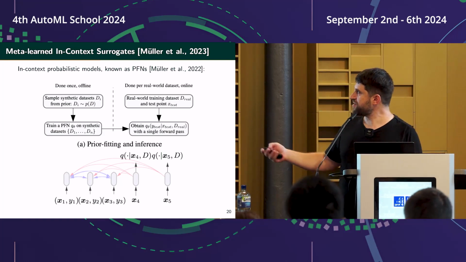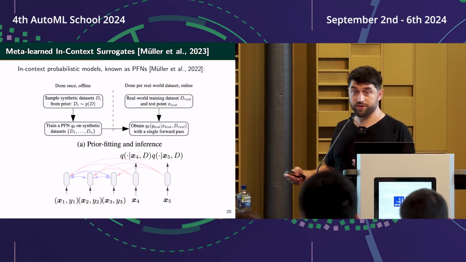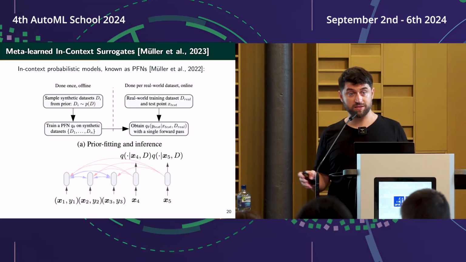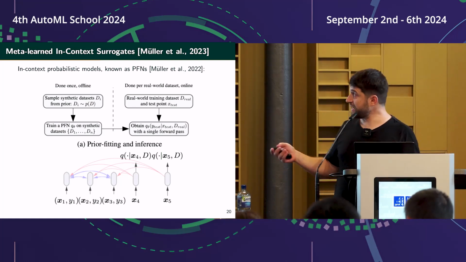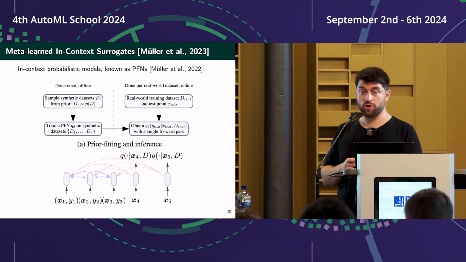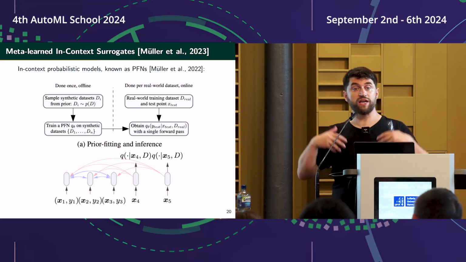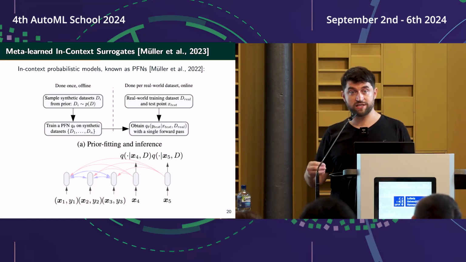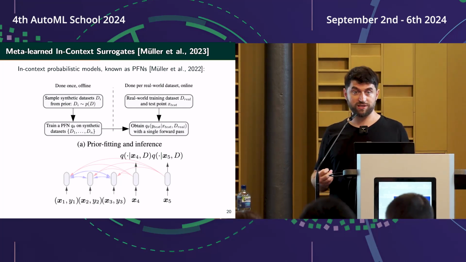And the other nice point here is that the authors show that you can actually use synthetically generated data sets, millions of them, and meta-learn this in-context probabilistic model in order to then deploy it on real data sets. So it is meta-learned, it is in context. In addition, it is meta-learned from synthetic data sets.